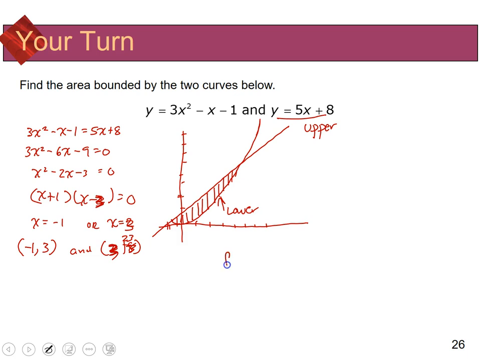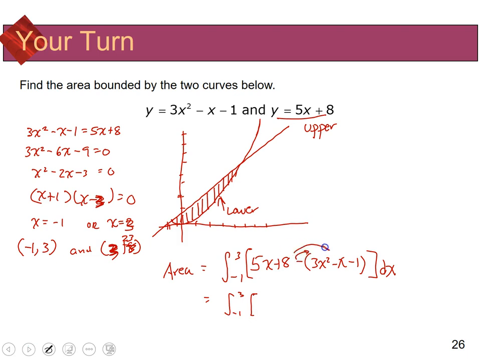So I know that my integral, if I want to find the area, is going to go from -1 to 3 of 5x plus 8 minus 3x squared minus x minus 1 dx. I'm going to carry through the subtraction, so this gets distributed.